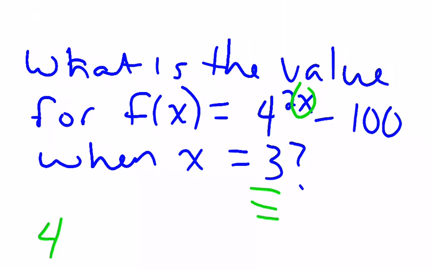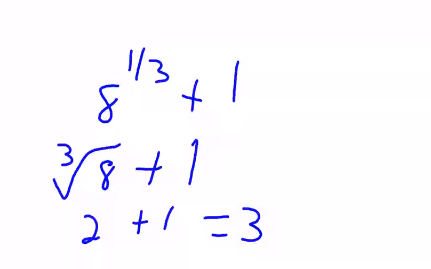So we get 4 to the 2 times 3 minus 100. Now, that 2 times 3 is 6, so we get 4 to the 6th power minus 100.